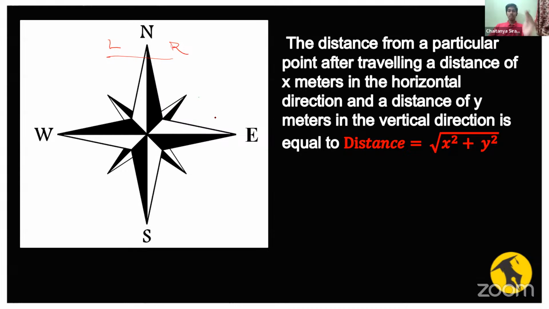Assuming you are facing east, your left will be this side and your right will be this side. For south, your right will be this side, your left will be this side. Here your left will be this and right will be this. Now, you don't really have to remember which direction comes where. You can just assume you are sitting facing east, and then you can say which direction is what.